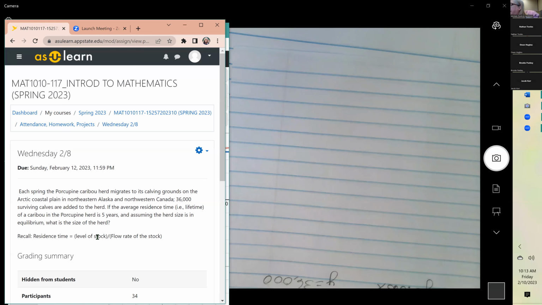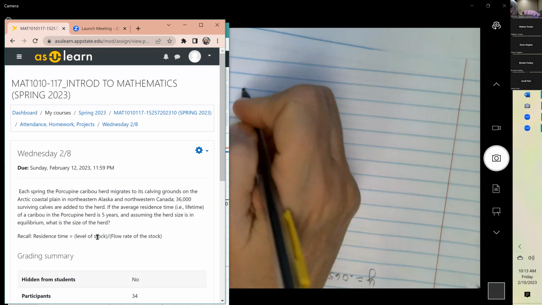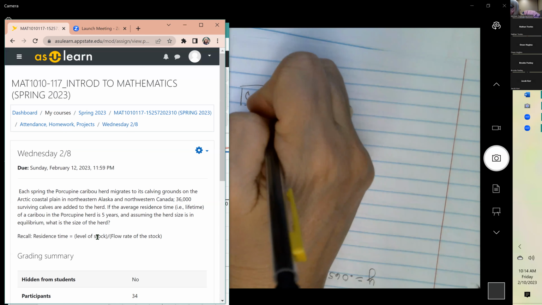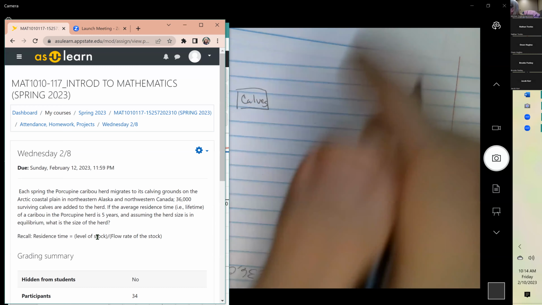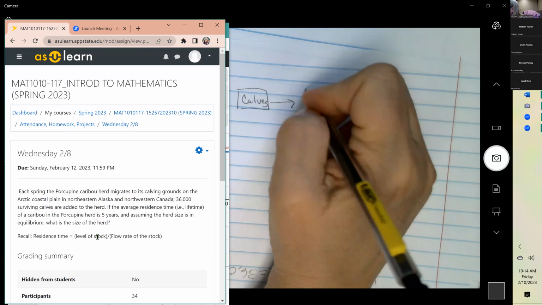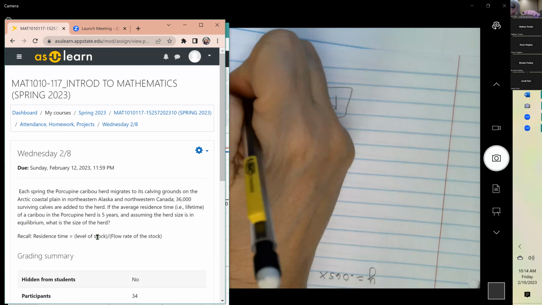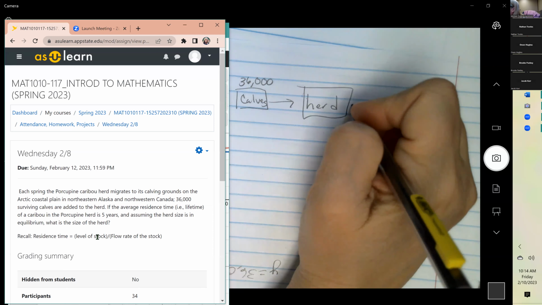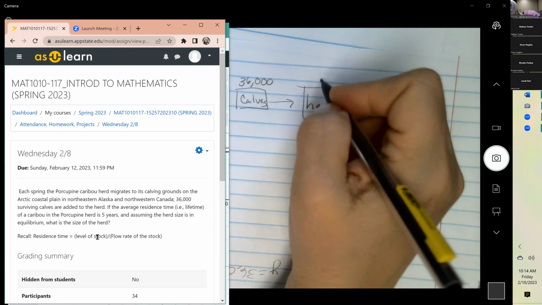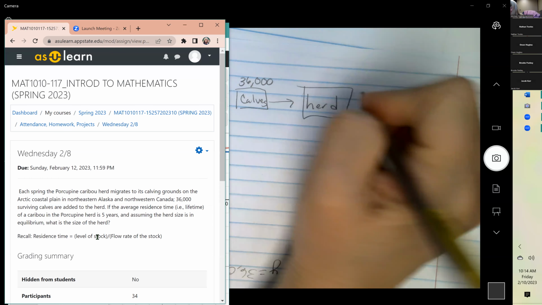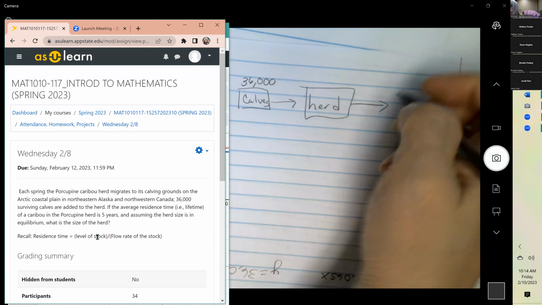So we know we have calves that are going into the herd, and we said it was 36,000. Now it's saying they're only staying in here for 5 years. So coming and going out.